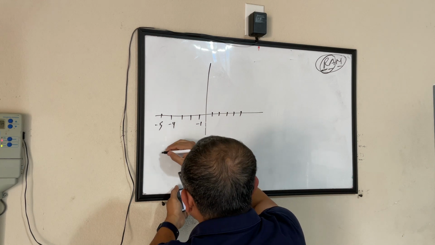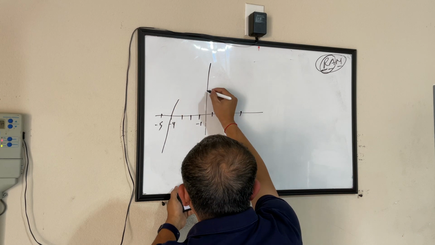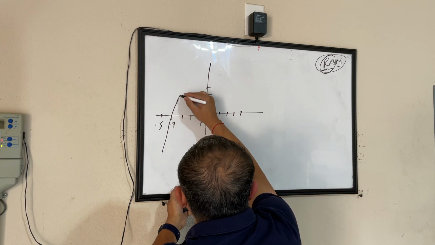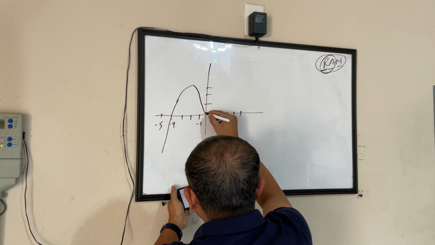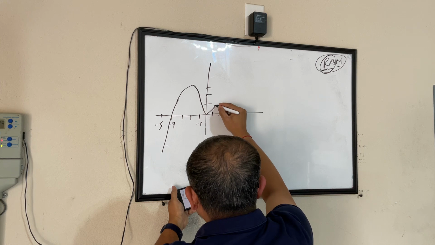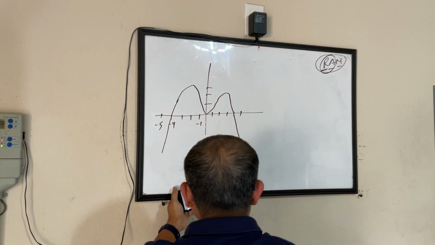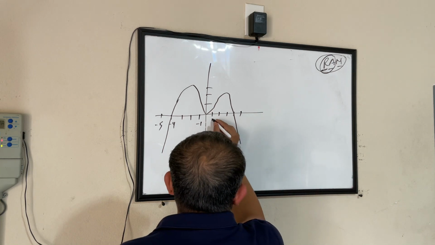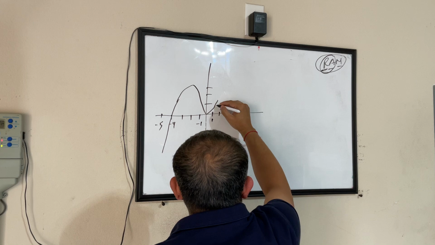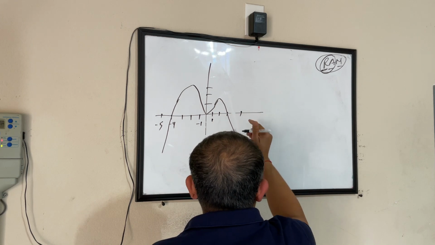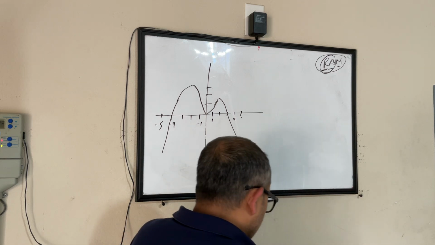It says a graph goes from here, goes to 3, comes down here, again goes up, and at 3 comes down. Okay, this is not coming down here. This comes down at 3. Okay, 4, 5. So this is the graph given.